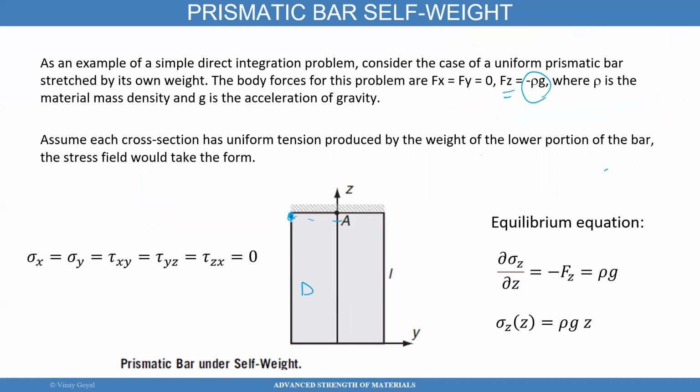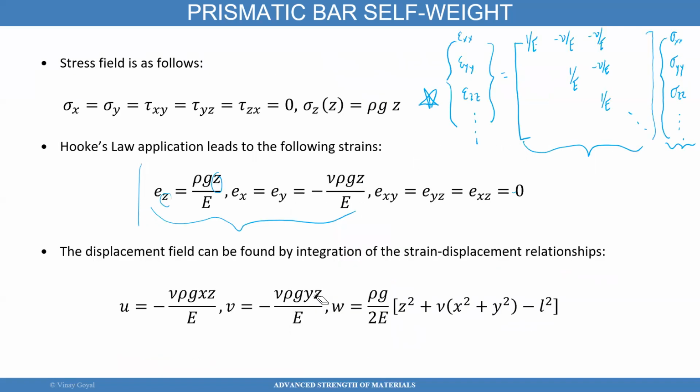So I think it's going to look like this when it loads up due to self-weight. You can see that because it's contracting a lot. And so you're going to have contraction due to the block stretching downwards.